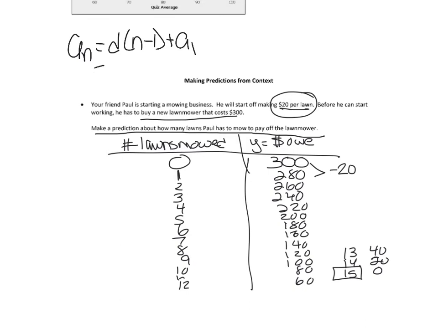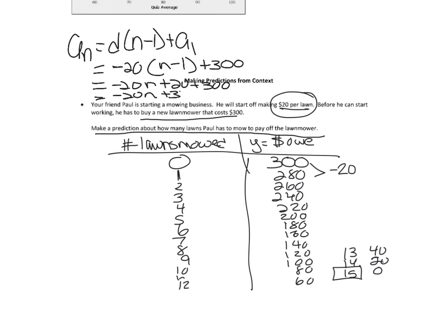Well, our difference on this one was minus 20, n minus 1, and our first term was 300. And if I simplify that, distribute, it'd be negative 20n plus 20 plus 300. So negative 20n plus 320.